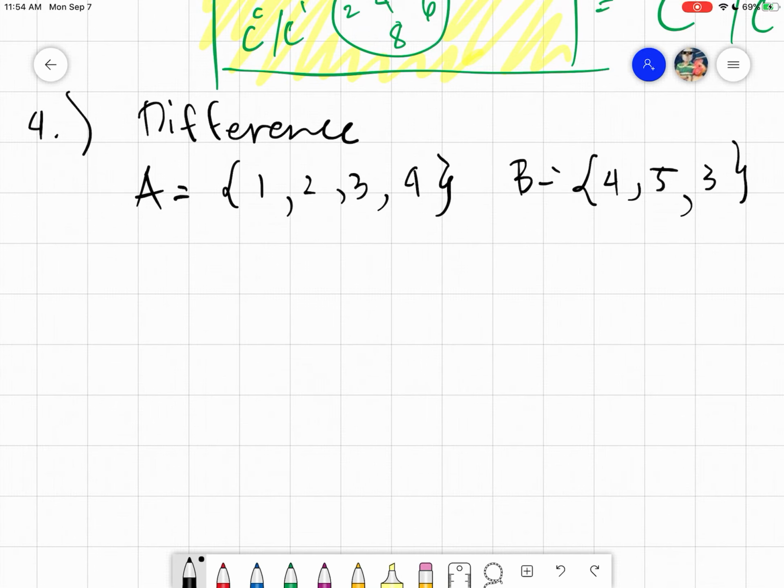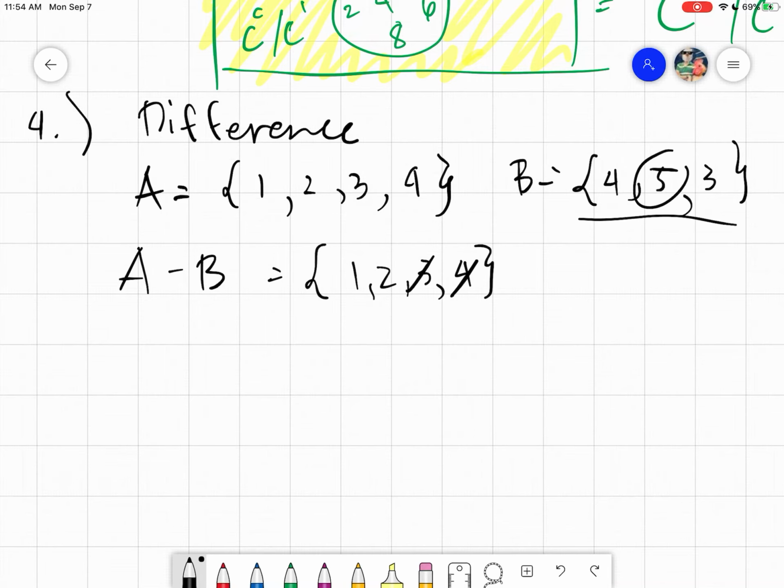And when we are talking about A minus B, you will take the set A, 1, 2, 3, and 4, and you will reduce it by all the elements in set B. At remember, ang elements in set B ay 4, 5, and 3. So, wala na si 4, wala na si 3. Since wala naman si 5, therefore, disregard. Huwag mo nang galawin. Okay? So, ang ating sagot dito for A minus B is just simply 1 and 2.